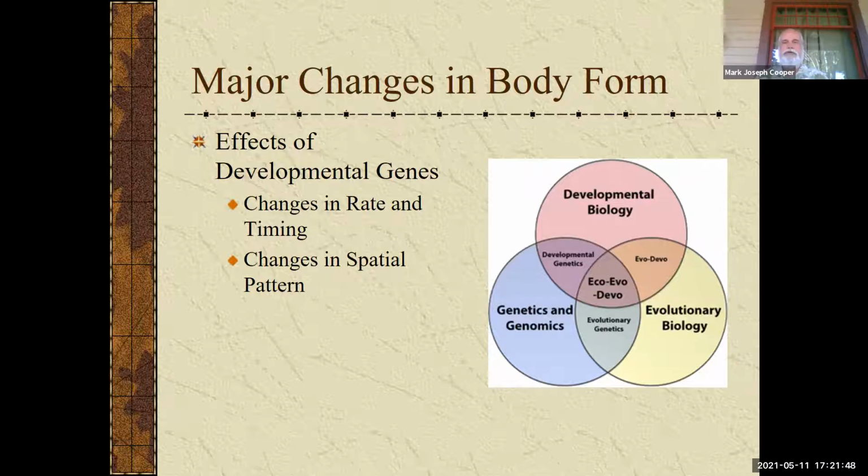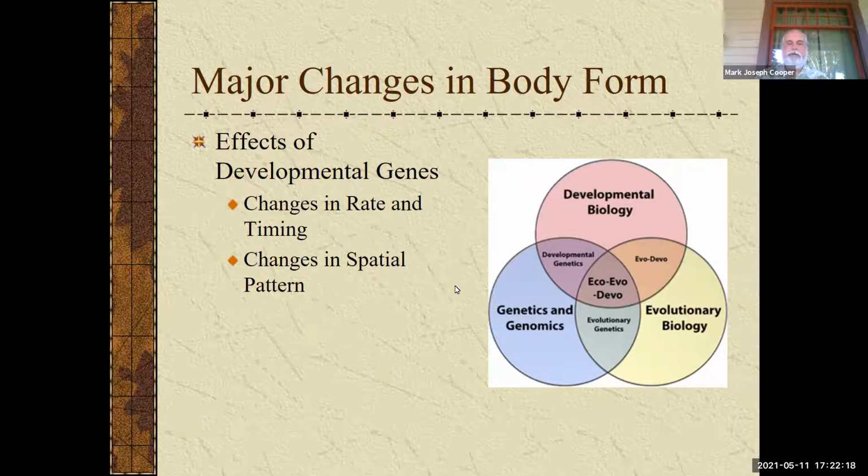So there's really two ways it can happen: change in rate, and then change in timing, and then change in spatial patterns. So rate and timing is just how fast something goes or how slow something goes, and then spatial pattern is how different parts are associated with the other parts. Are they on top of each other, next to each other, things like that. And so we want to look at these changes and how we can get new body forms.